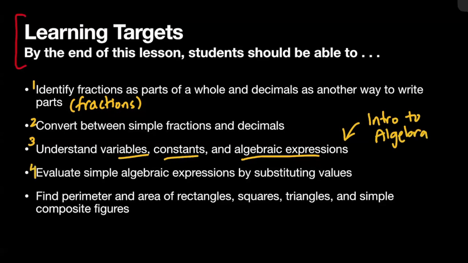The fourth goal is evaluate simple algebraic expressions by substituting values. And five is finding perimeter and area of simple composite figures such as rectangles, squares, and triangles, and more. So this is the measurement part of the lesson.